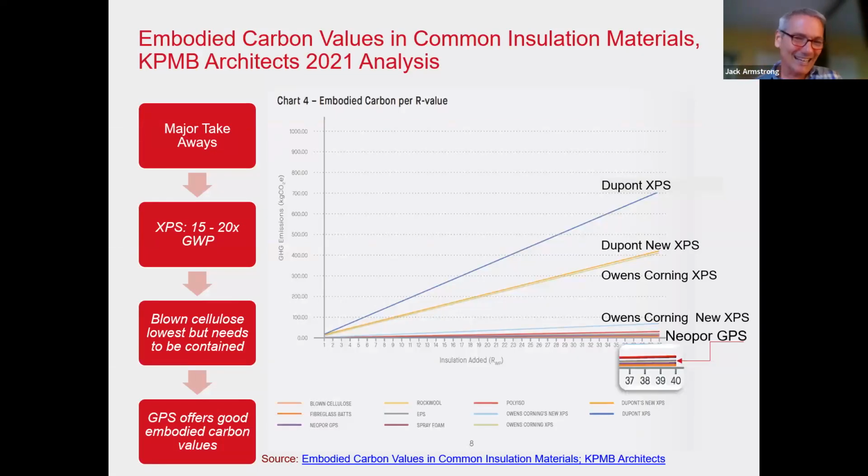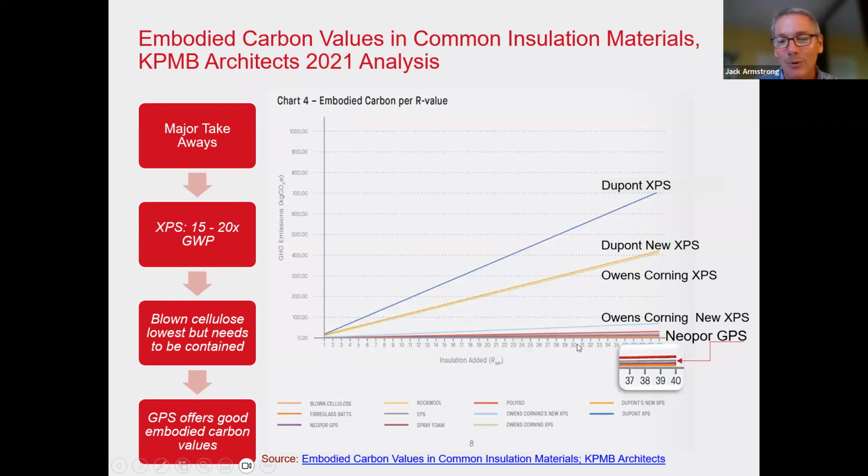So as we start to take that power of what we've learned there and look at one of the recent studies that was done by a group of architects, KPMB architects, they actually said, okay, well, let's think about a variety of foam sheathing opportunities and products that are out there. And let's graph the carbon intensity here in the vertical axis, going up and down on the y-axis, based on R value.